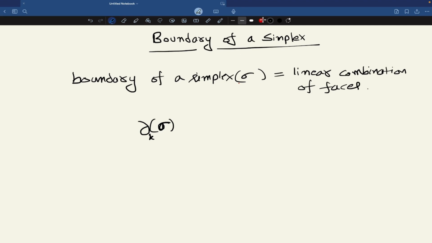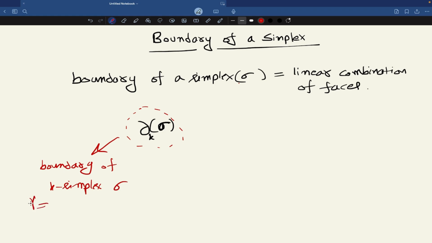So this denotes the boundary of a k simplex sigma, whose vertex set is from v0 till vk, right?